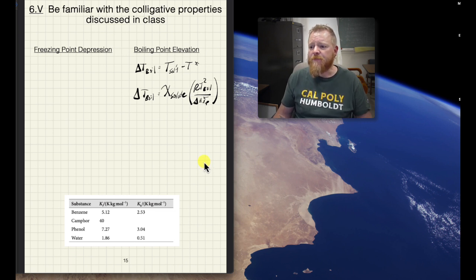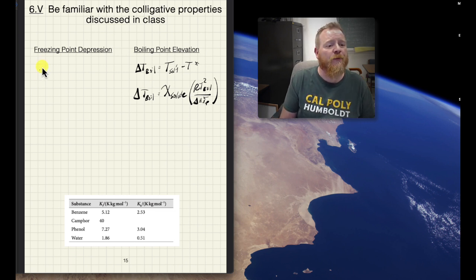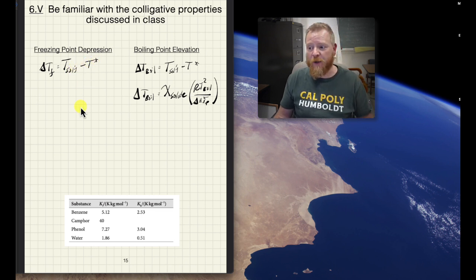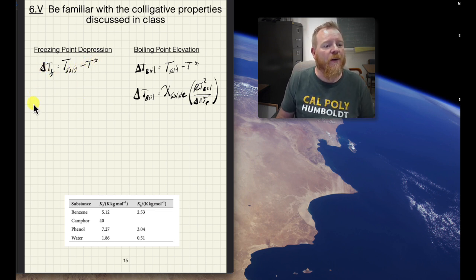Okay. So now similarly, freezing point depressions are always negative. So if we say T solution minus T pure liquid, we can then write the following, which is established through derivation.